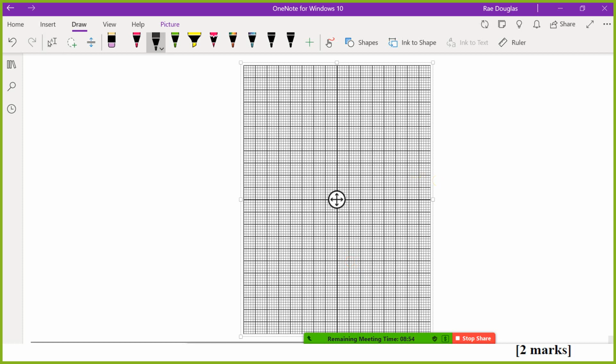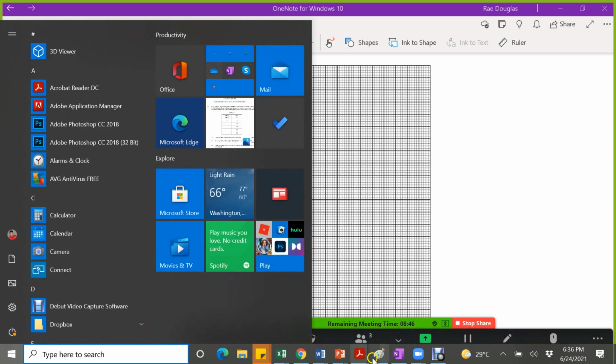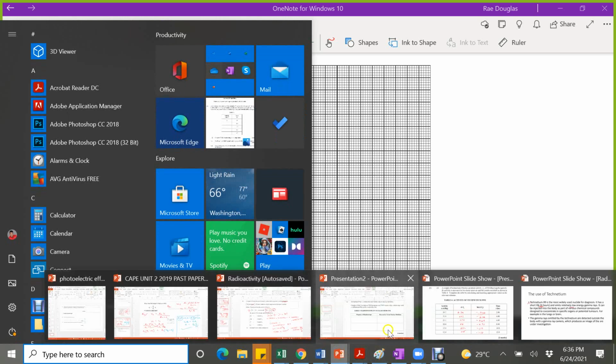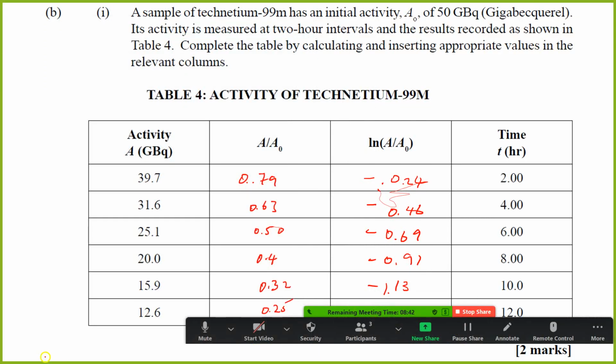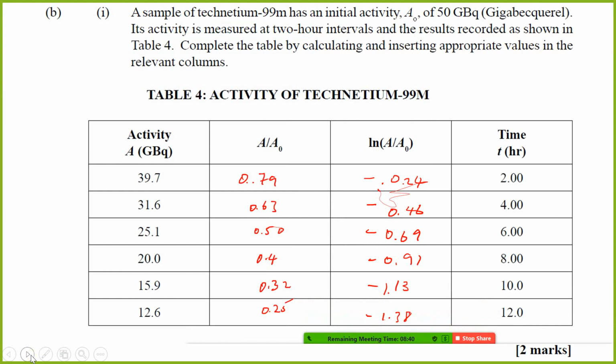Oh, I forgot that I didn't write down these values. You guys still with me? Yes, sir.